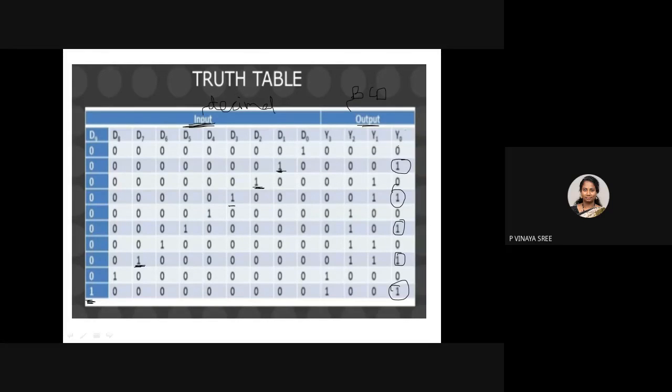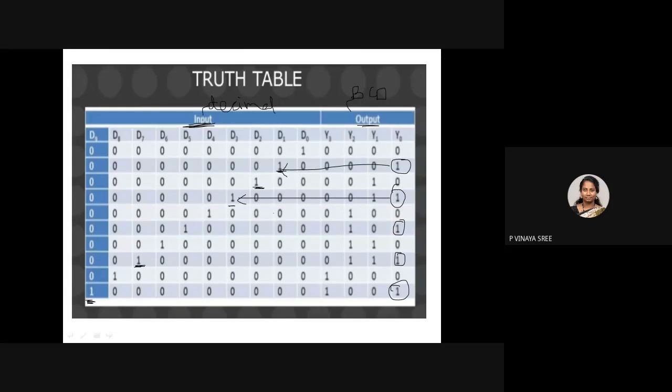Tell me the y0 expression. Same as in the 8 to 3 encoder, we select the inputs for which the output is high. So based on this, D1 plus D3 plus D5 plus D7 plus D9.